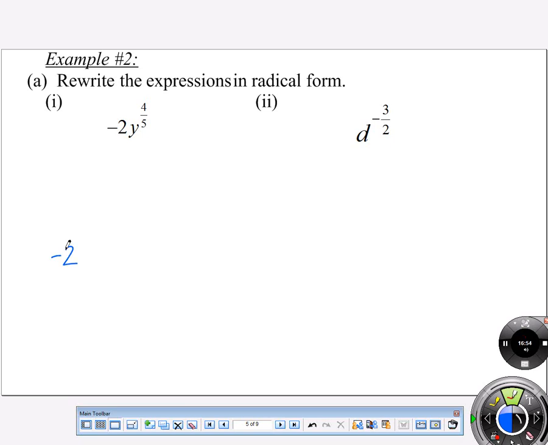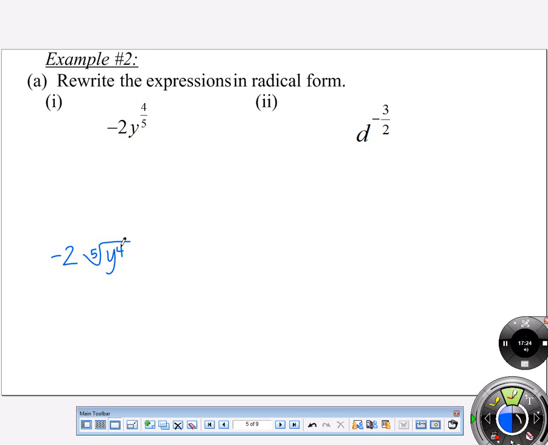It doesn't have a rational exponent on it. Y is in a radical. What's the index of the radical that y would be underneath? 5, because of the denominator of the exponent. And then y would be raised to the power of 4. And that can't be simplified, so this is fine. So this is how it's written in radical form from exponent form.